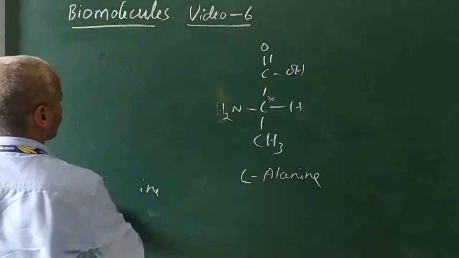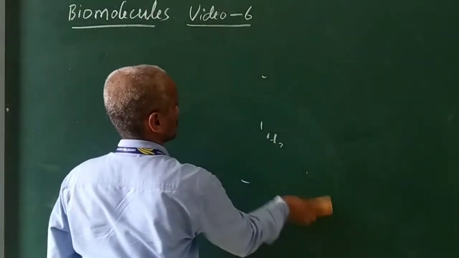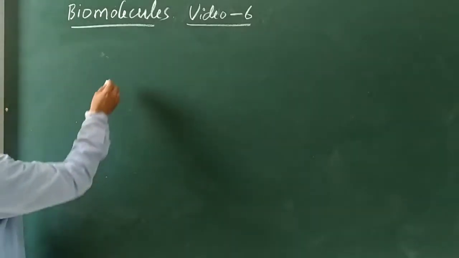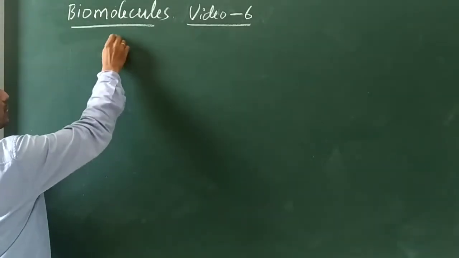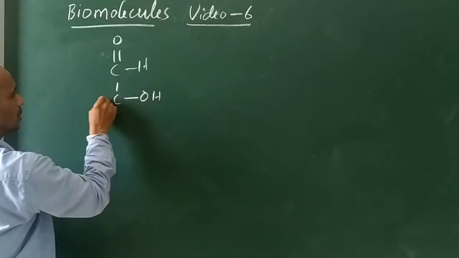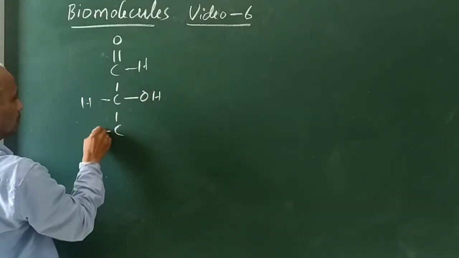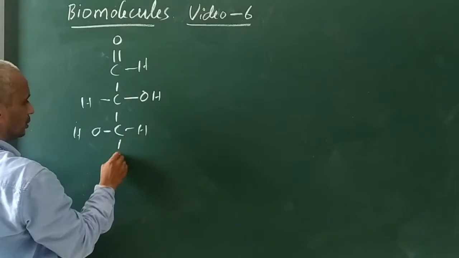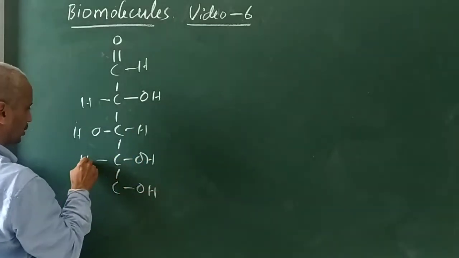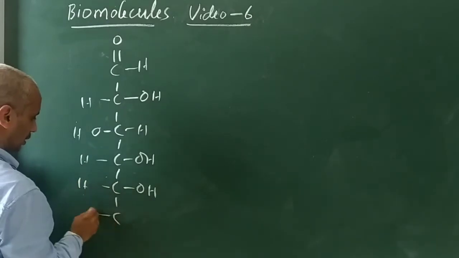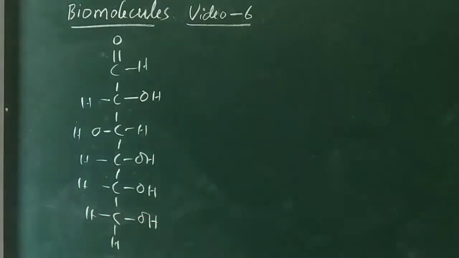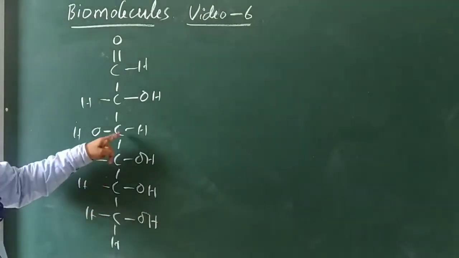Now, glucose also, just see that. What is the formula of glucose? C6H12O6, yes or no? So, CHO, and carbons 1, 2, 3, 4, 5, 6.